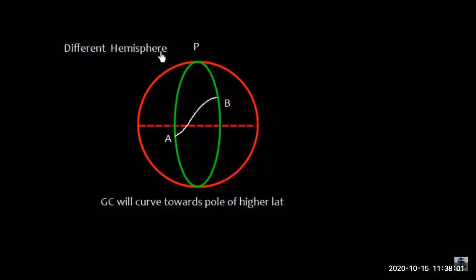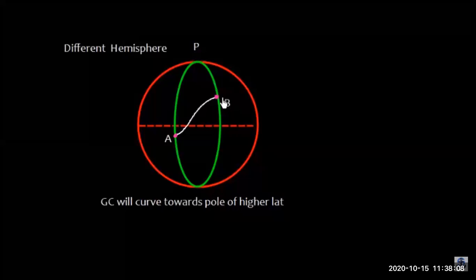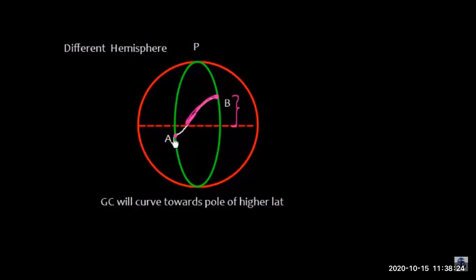But if you are making a great circle in different hemispheres, if A is in the southern hemisphere and B is in the northern hemisphere, then your great circle will have a different curve. Above the equator, it will be curved towards the North Pole, and below the equator, it will curve towards the South Pole.